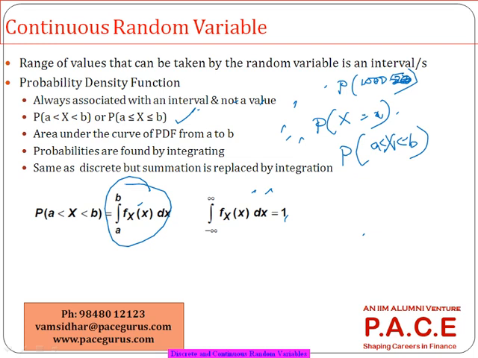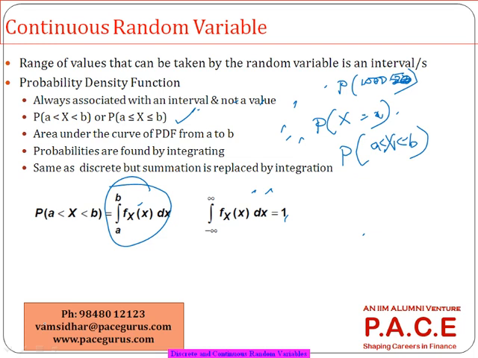So when I say the claim amount, if the equation of the claim amount is f(x), then the probability that the claim is between 1000 and 2000 is: I do an integration between 1000 and 2000, where a and b are 1000 and 2000, of f(x). That is the probability. In the discrete case, it is very easy. We'll get the value straightforwardly, because it is the total number of occurrences and the number of favorable occurrences.